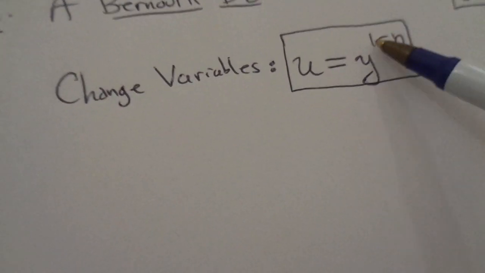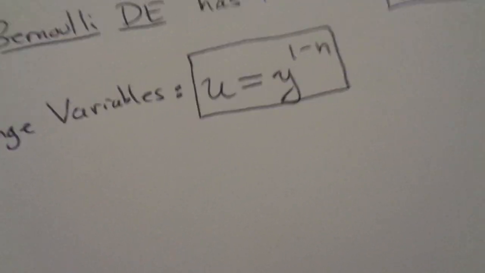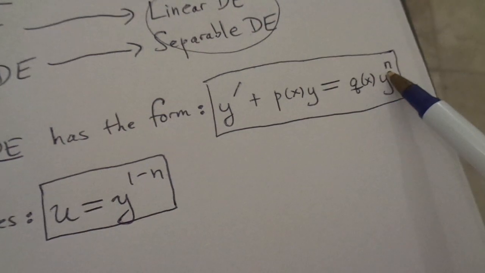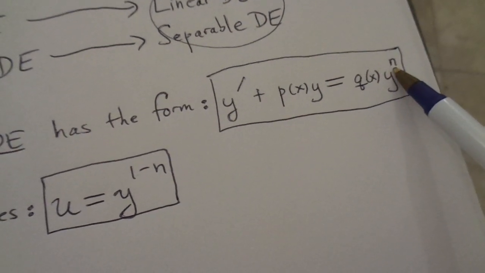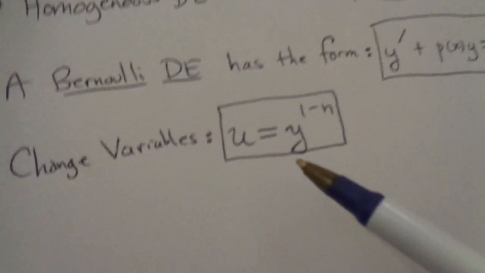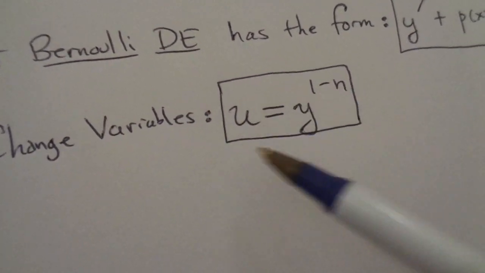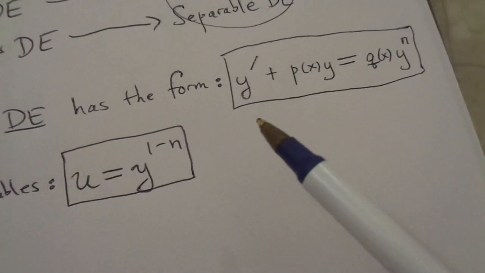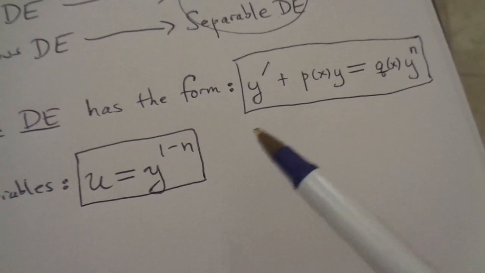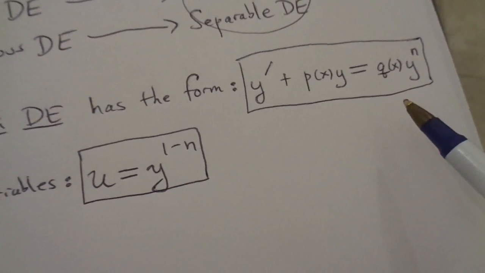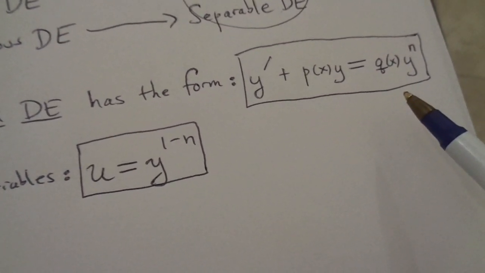Notice that the n in the exponent 1 minus n is the same n that you have in the form of the Bernoulli differential equation. That video explains why this change of variables converts this differential equation into a linear one. I'm not going to go through that on this video.